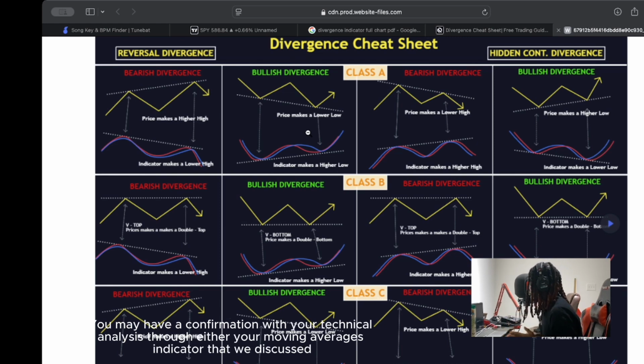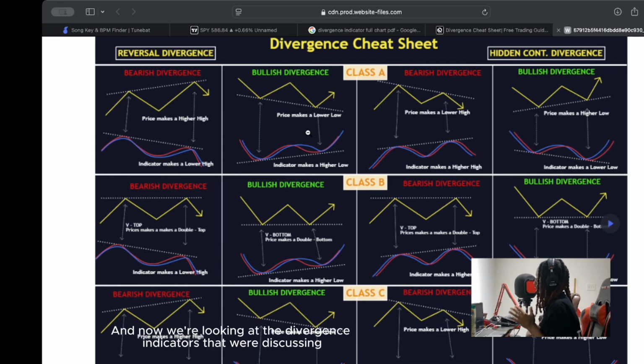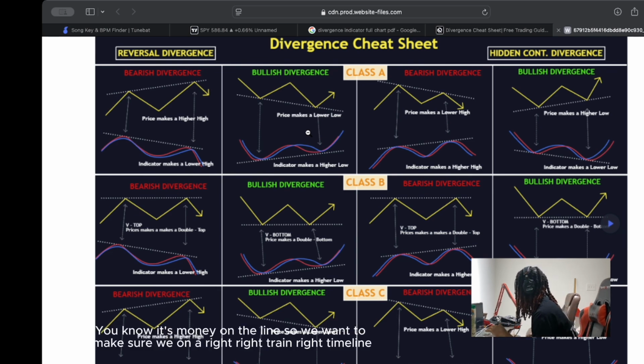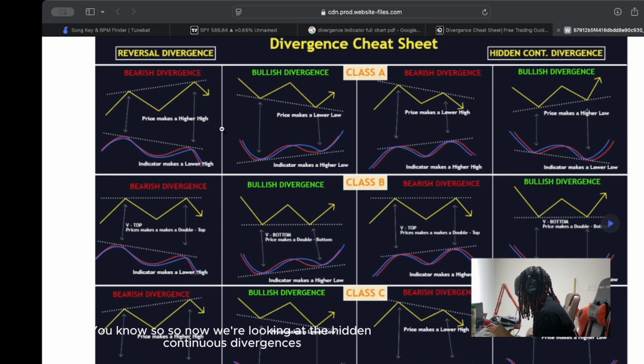You may have a confirmation with your technical analysis, through your moving averages indicator that we discussed, and now the divergence indicators we're discussing. These are another form of confirmation. I like at least three of my confirmations to be aligned before I make an entry. It's money on the line, so we want to make sure we're on the right trend, right timeline.